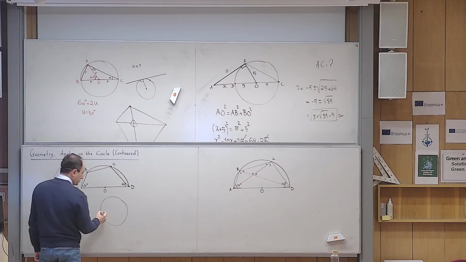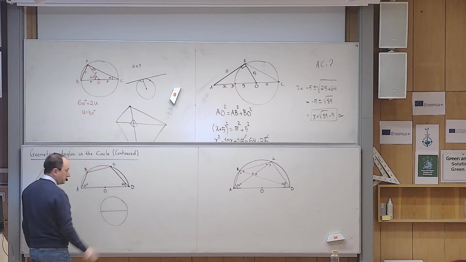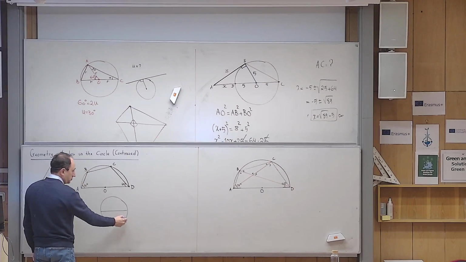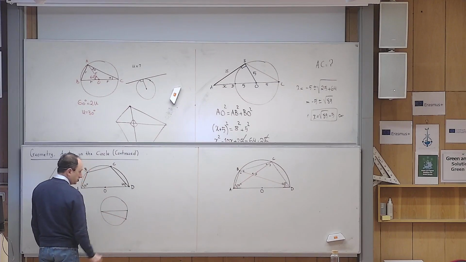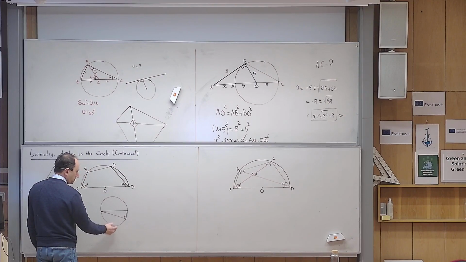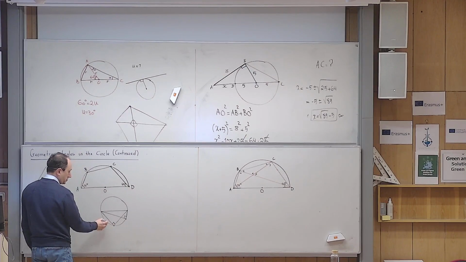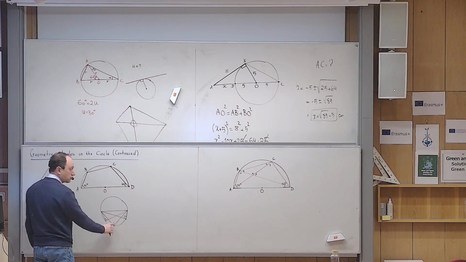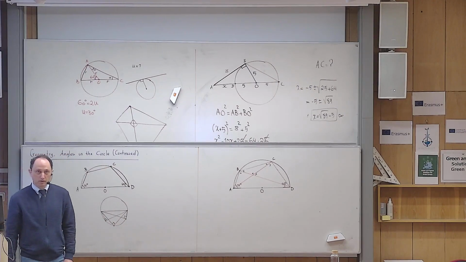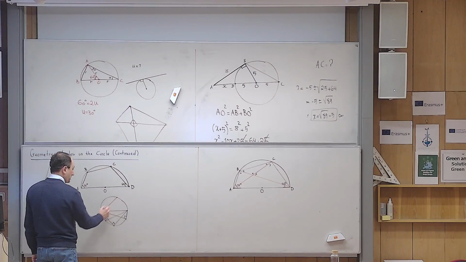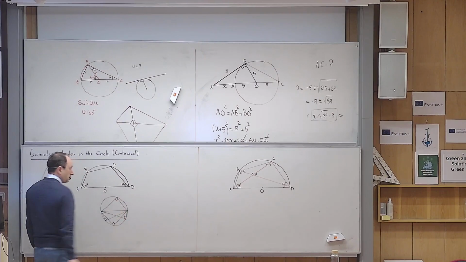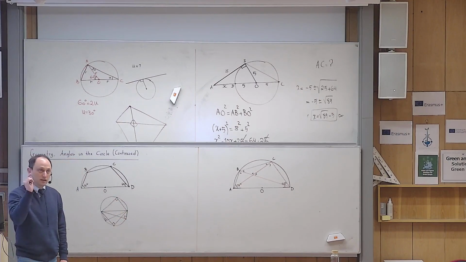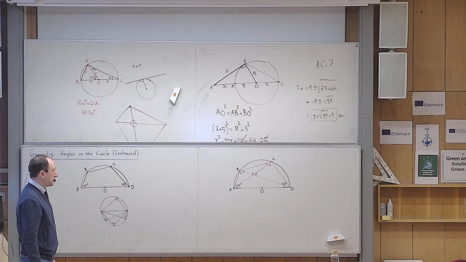If I have any diameter, and I pick a random point on the circle and connect it to the ends of the diameter, then this angle is always 90 regardless of where I choose that point. Even if it is above, that's also true. Any inscribed angle opposite to a diameter is 90.